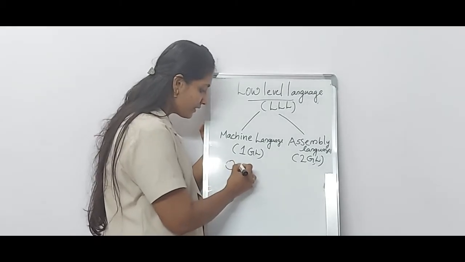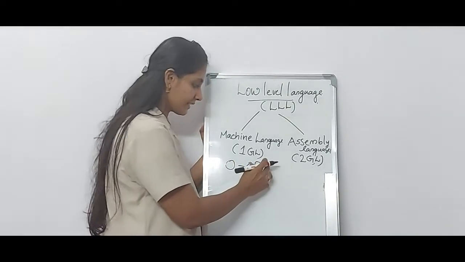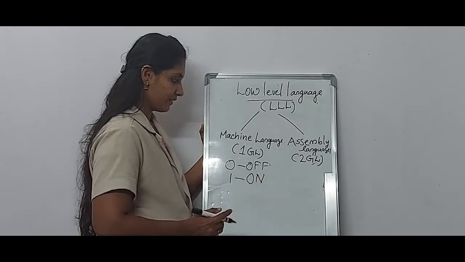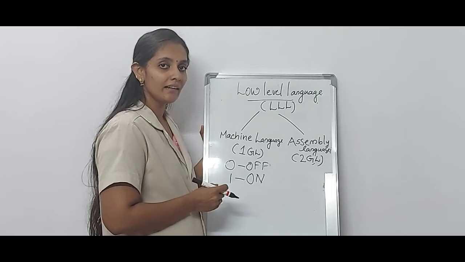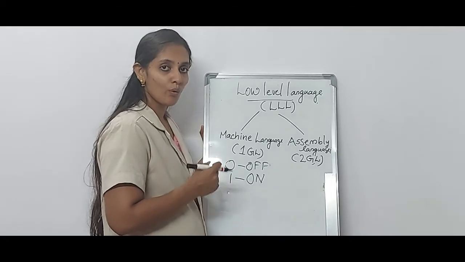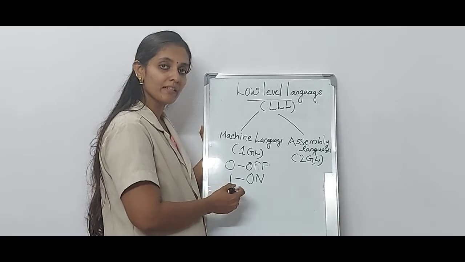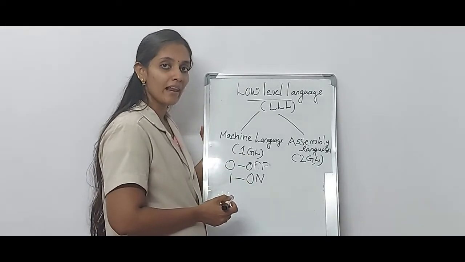Here 0 represents off state and 1 represents on state. So in machine language, the language is written with 0 and 1.